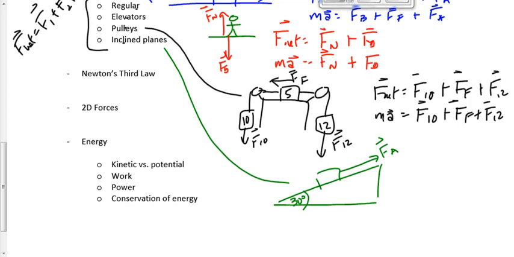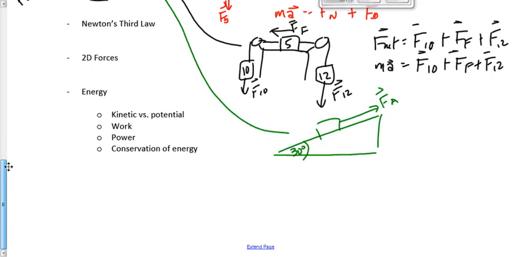But here, it's a little bit trickier because we've got to combine a couple of forces that don't cancel each other out. We know we have the force of gravity acting down, which is m times g.